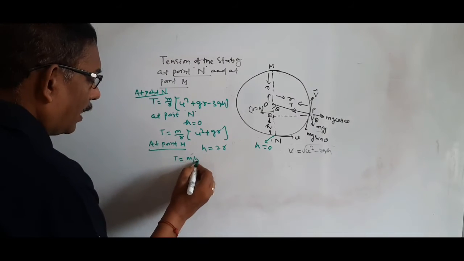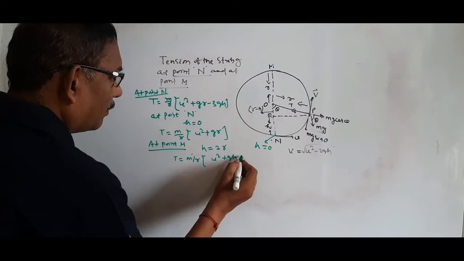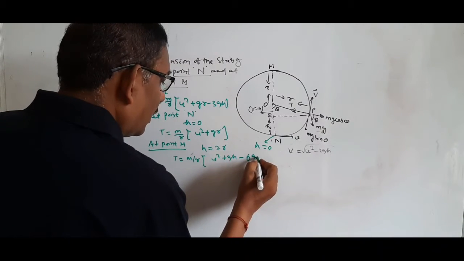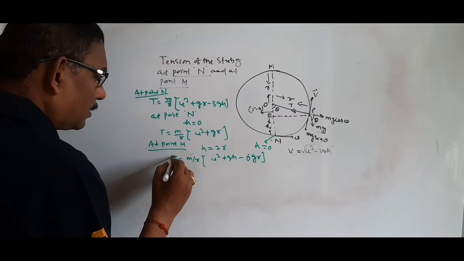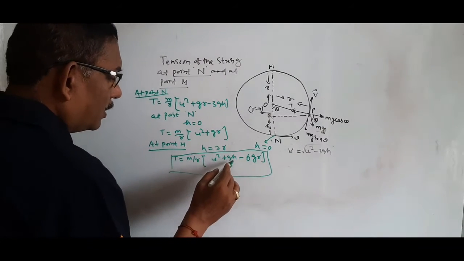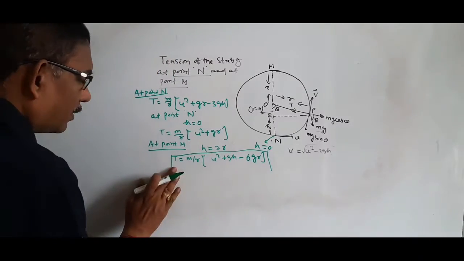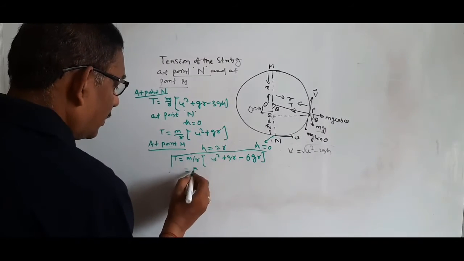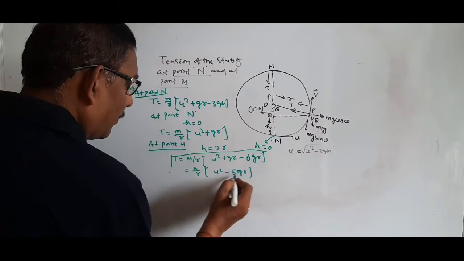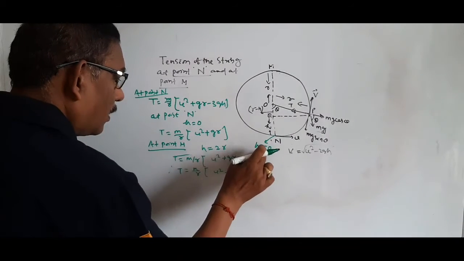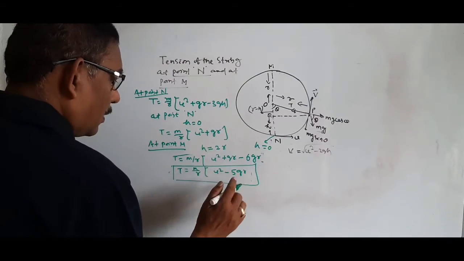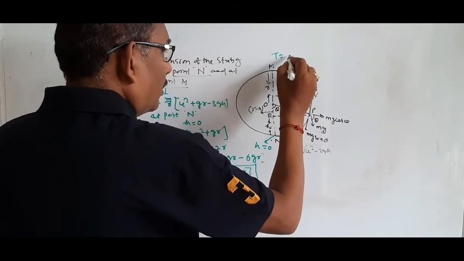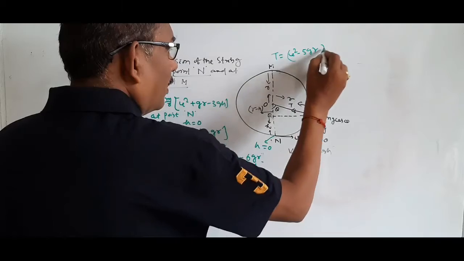So T is equal to m by r times u square plus gr minus 6gr, which gives u square minus 5gr. This is the final equation. So the tension at the highest point is T equal to m by r times u square minus 5gr.